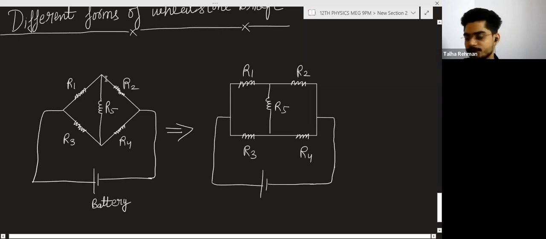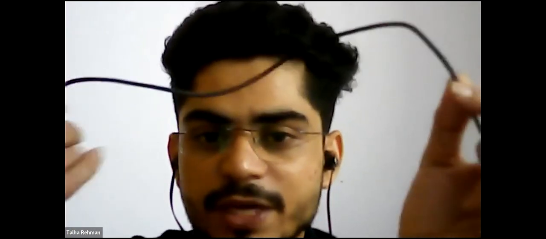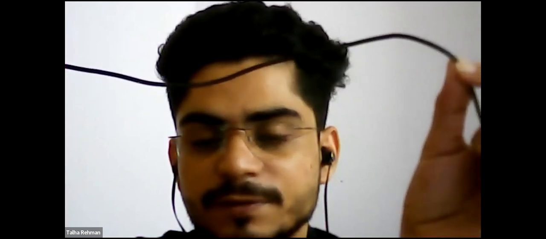See, Hamza, this is the wiring, and resistances are connected on the wires. Suppose three resistances are connected on this wire, and I just fold this wire like this.